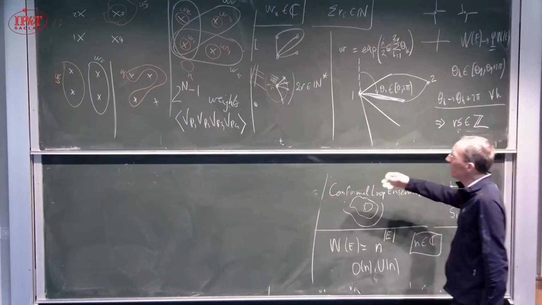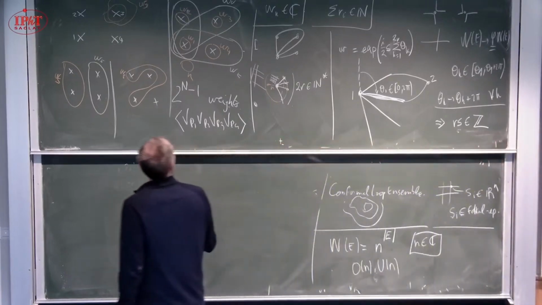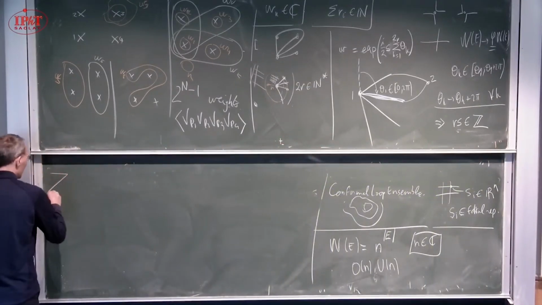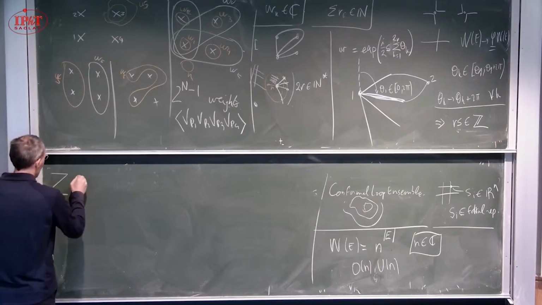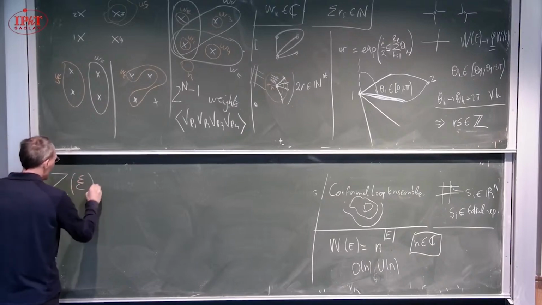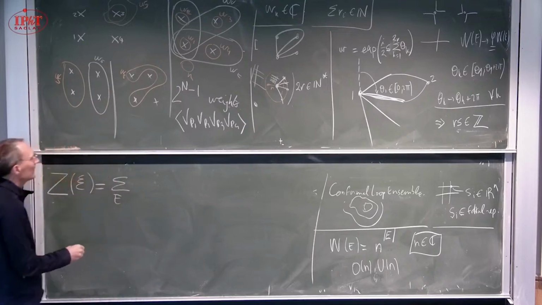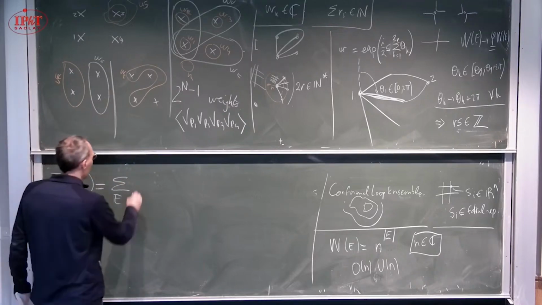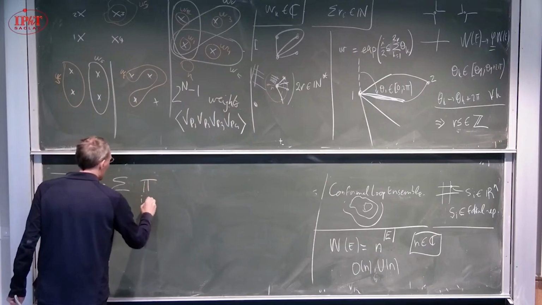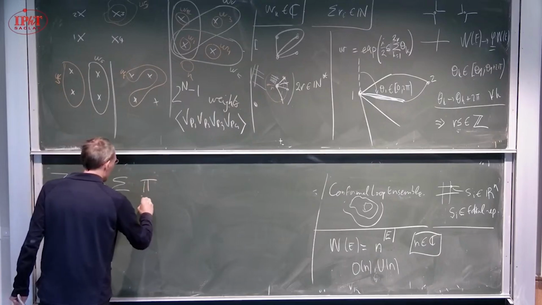Okay, so eventually, using all these weights, we get a V now, which is a sum of configurations of, well, of all the weights I have. So I have a product over the punctures.